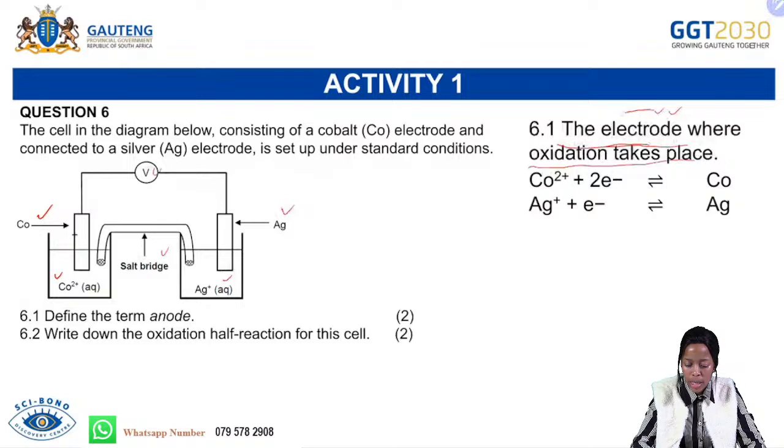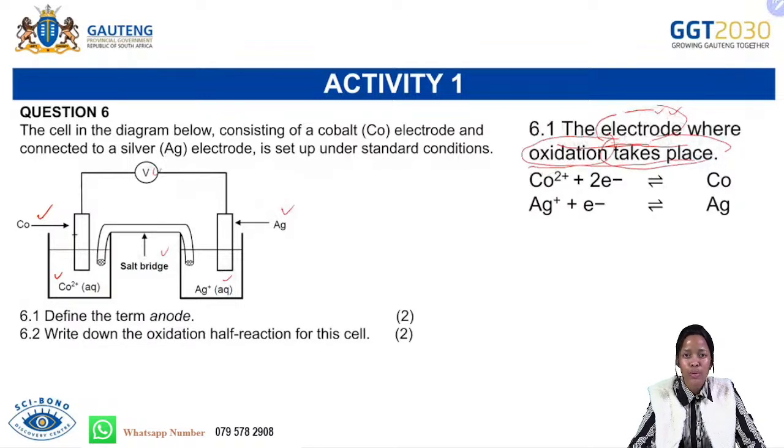So our keyword here will be the electrode where oxidation is going to take place. Just make sure that when you write your definitions you use the correct keywords there. Then 6.2 says write down the oxidation half reaction for this cell.